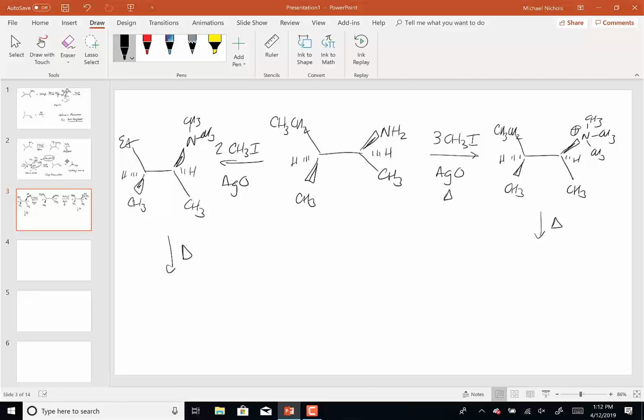So let me explain what's going on with that. What's happening with the silver oxide is this. You'd have to go back to general chemistry, but do you think silver oxide is soluble in water? Well, oxides in general, unless they're sodium, potassium, cesium, or ammonium, tend not to be soluble.